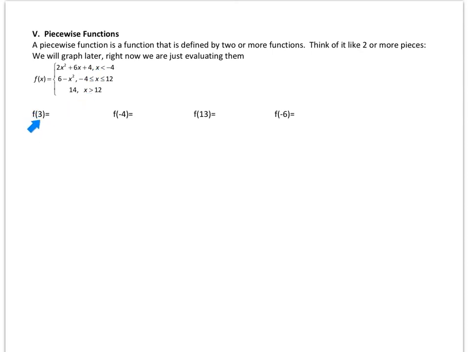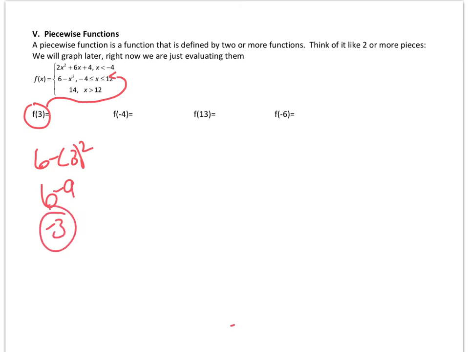So for the first one, if I want to find f of 3, 3 falls into the second domain. So this one is going to go to that function. So this is going to be 6 minus 3 squared. That gives me 6 minus 9 is negative 3. The next one, negative 4, falls in, and if you look, you've got negative 4 here and negative 4 here.